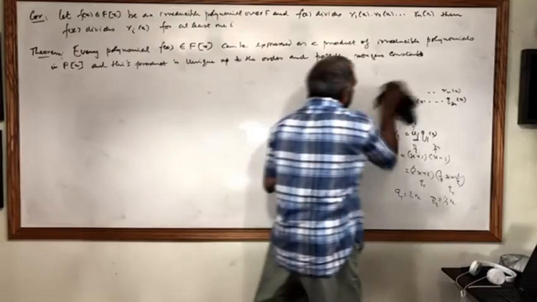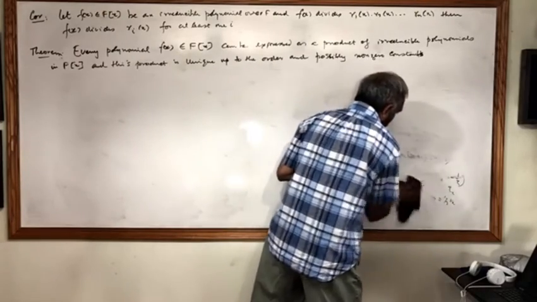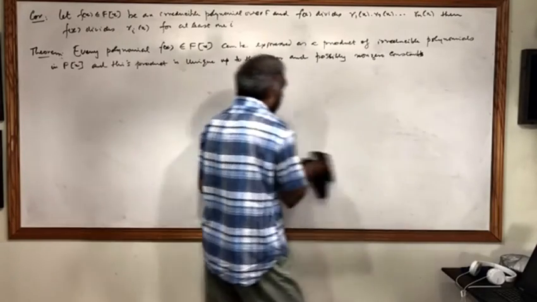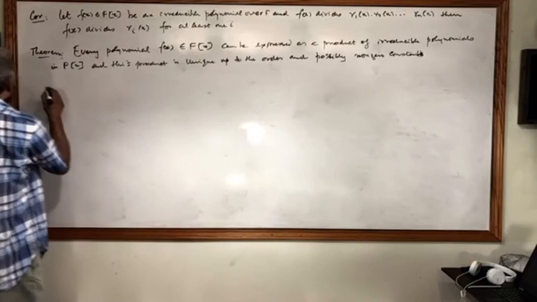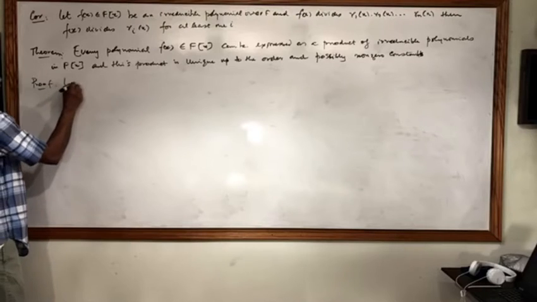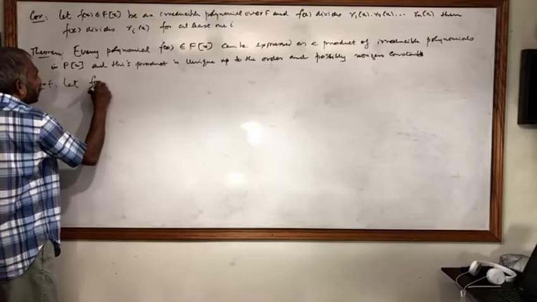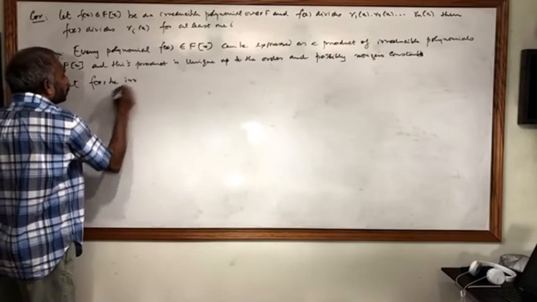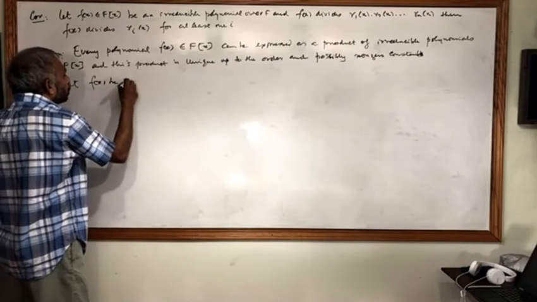So the proof is very simple. Let f of x be a reducible polynomial.